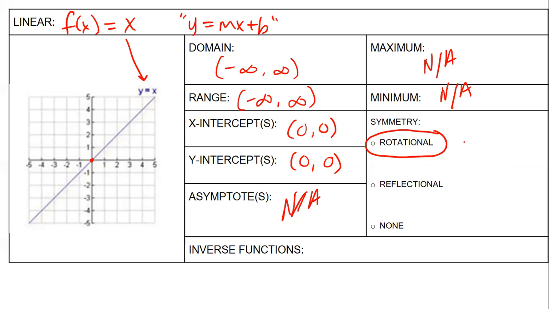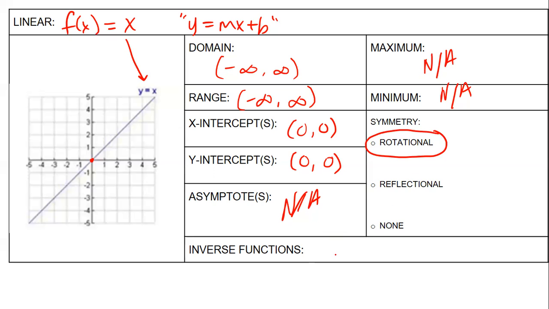Turn your paper upside down. Exactly. That's what makes it rotational. The first one, they're not the same thing. You go from being in quadrants 1 and 2 to being in quadrants 3 and 4. Is that the same thing? No, it is not.